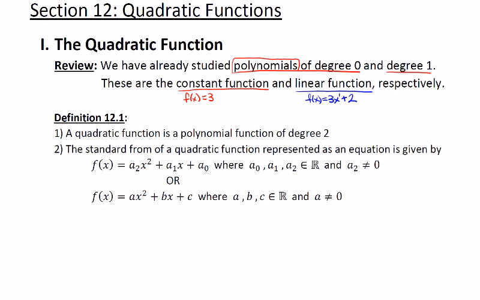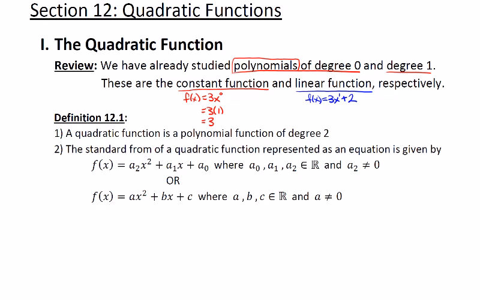So technically, we can say that there is an x raised to the 0 power, because x raised to the 0 power is really just the same as saying 1, which is the same as 3. So we do get a constant function, and ideally we say that this is a degree 0 equation or a degree 0 type polynomial.